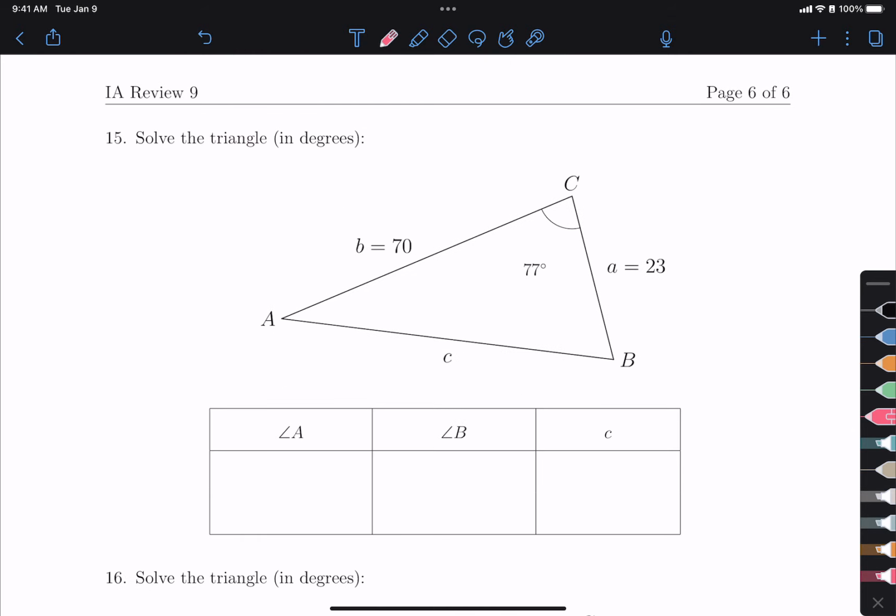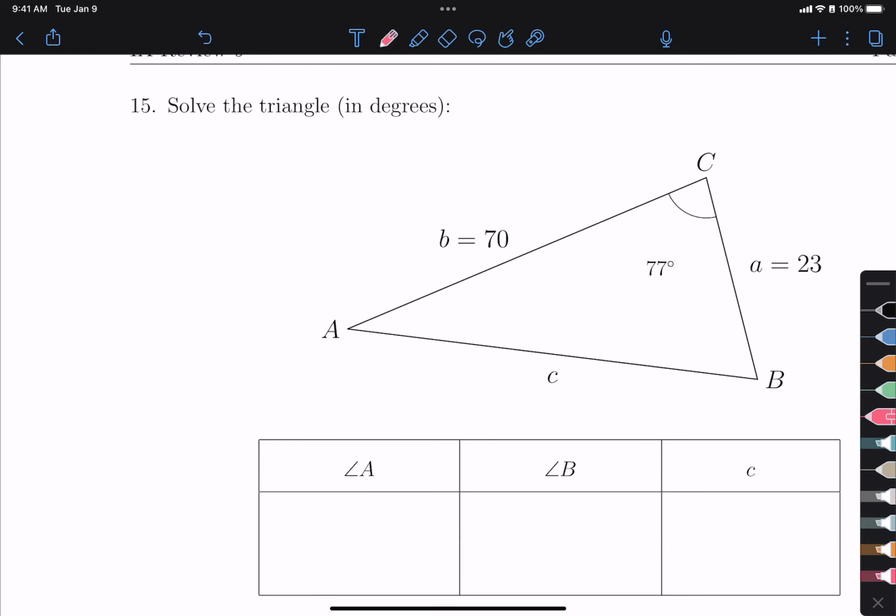And then our final triangle is going to be a side angle side triangle. And so first up, I'm going to set up my law of cosines. We have to do c because we know C. So c squared is equal to a squared plus b squared minus 2ab cosine of C, right? And so c is just the square root of all of this right here.